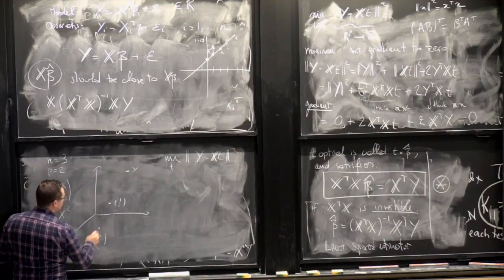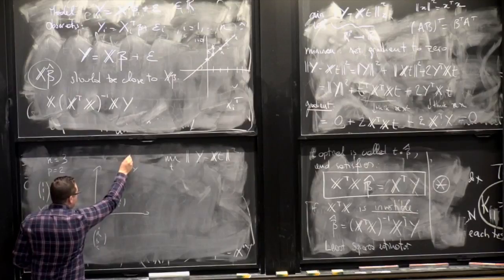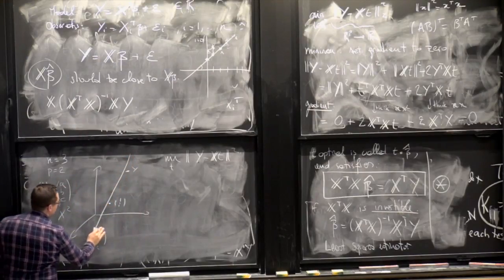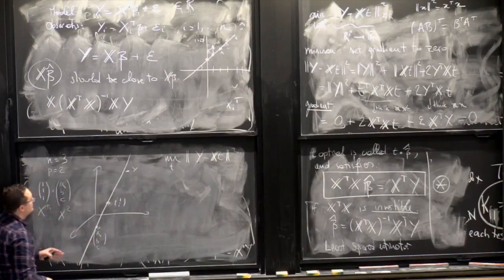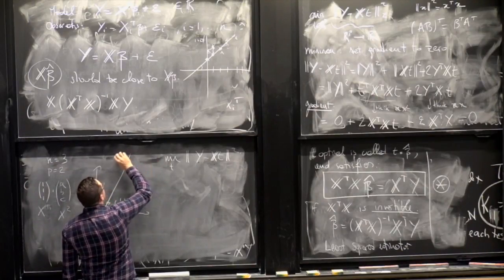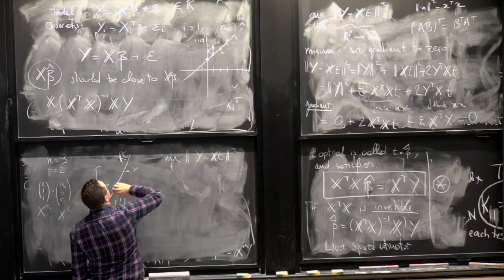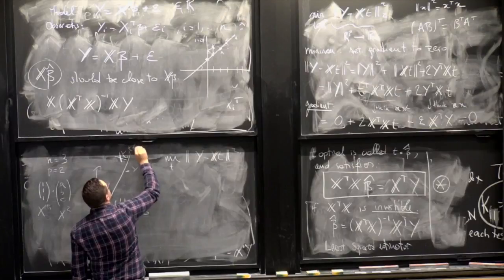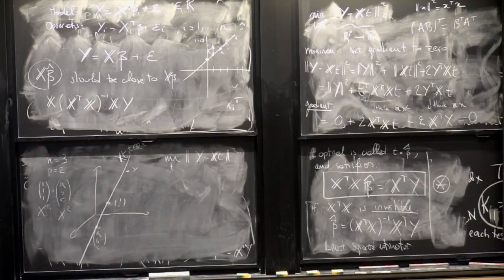Now I have a line that goes through those two guys, and this is the line which can be formed by looking only at linear combinations. So this is the line of x times t for t in R2.